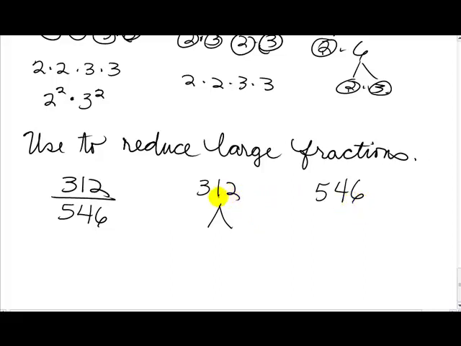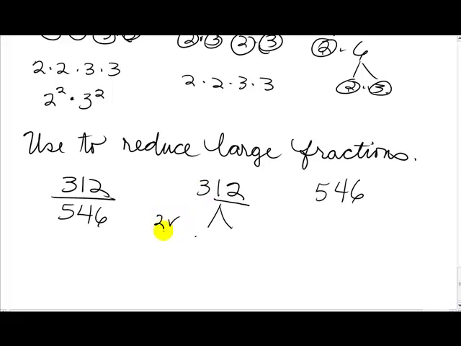But this one, 312, whoops, what happened to my 2? The 12 could be divided by 4, so that means the whole number can. Or 3, 4, 5, 6 could be divided by 3. So I could start with 2, 3, or 4. Or a combination of that, because the 2 and the 3.